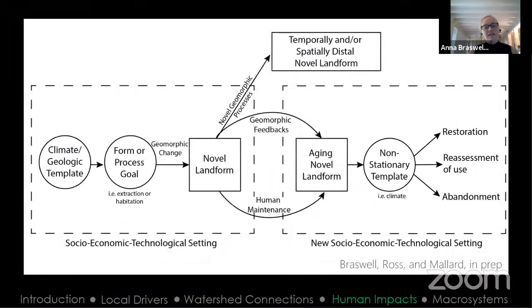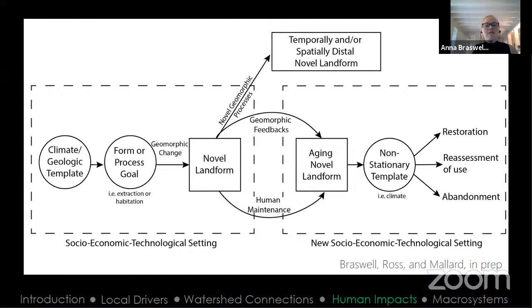So I'm going to end this with kind of the way that we're thinking about these systems moving forward. We really want to involve the socioeconomic technological setting that's causing these systems to form, and then think about how they age over time, and really thinking about how our new frame of mind or our new socioeconomic technological setting leads to our decision landscape of whether we want to restore a system or reassess its use or abandon a system.